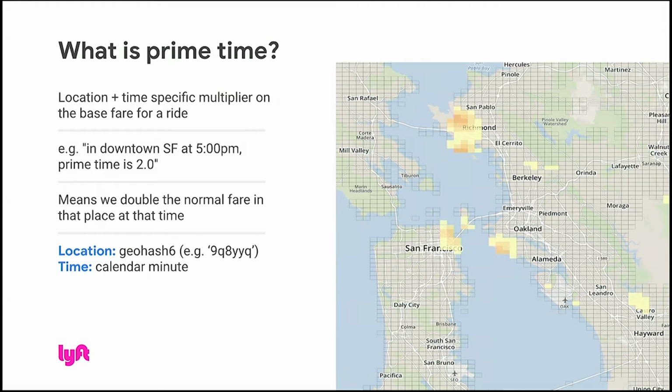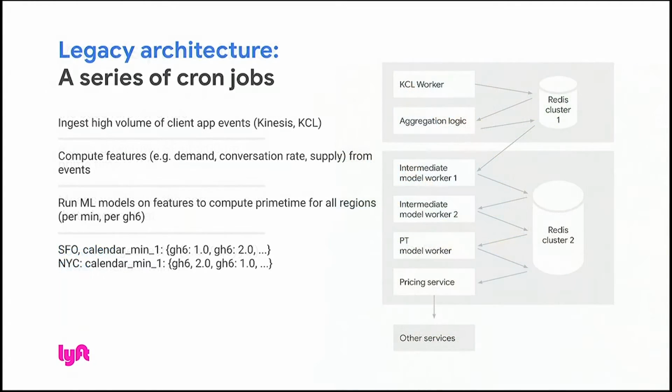How do we create the supply to match the demand, right? So you pay more, drivers can make more money, and drivers can, from further away, for example, come to the place where there's more demand. The locations are identified by geohashes, and prime time is always applied to a location and a time. So this is really the use case, and how do we solve it?